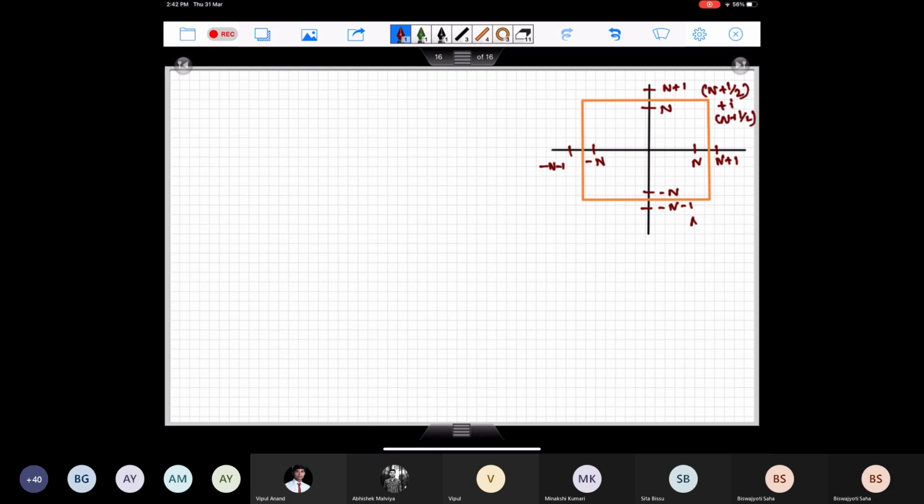This point is n plus half, then minus i times n plus half. Then this point is minus n minus half, minus i times n plus half, and this one is minus n minus half plus i times n plus half. So that's the contour, and of course the orientation is going to be anti-clockwise.